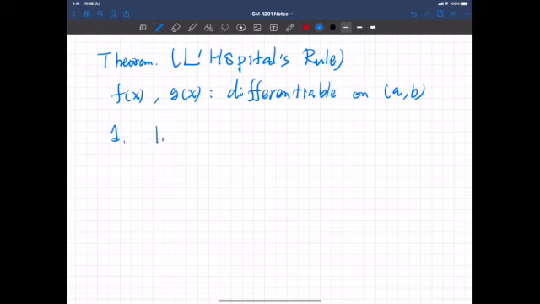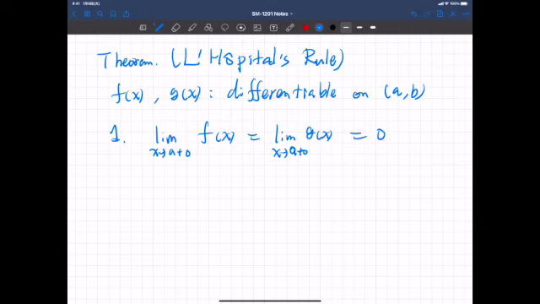First, we consider only right limits: as x approaches a from the right, the limits of f(x) and g(x) are both 0.